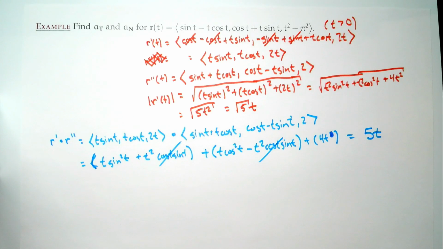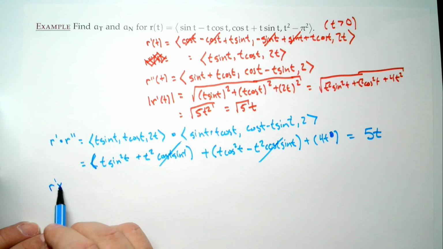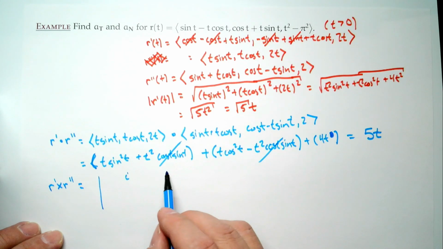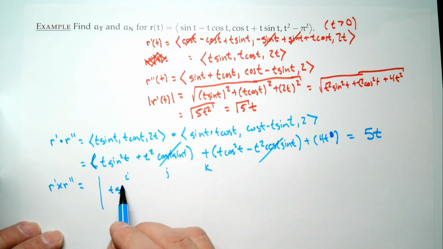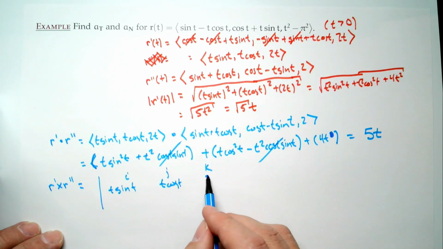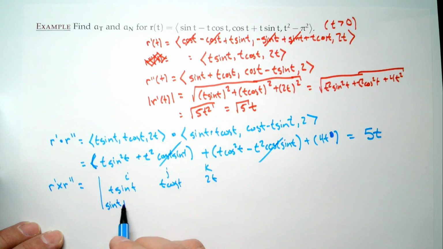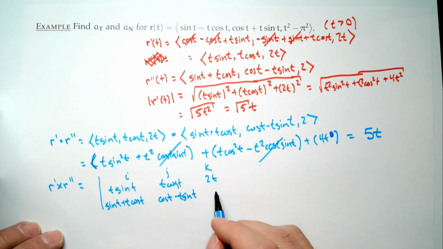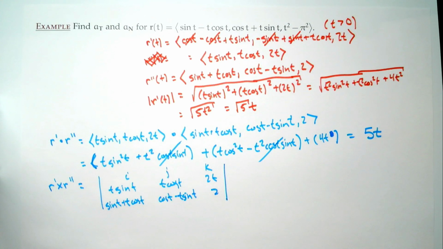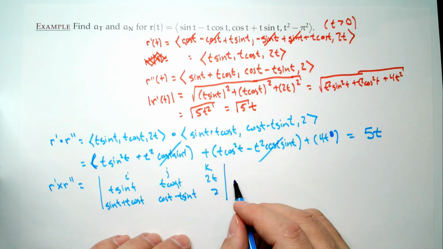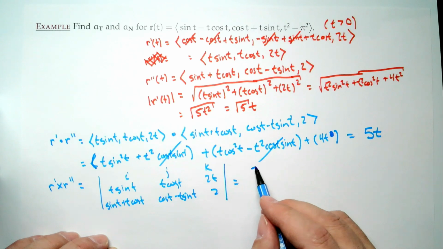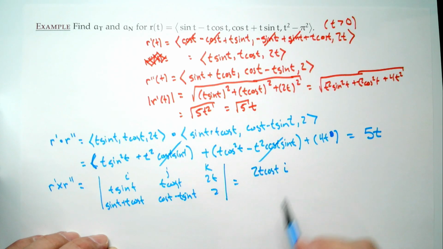Now we need to find the cross product, r prime cross r double prime. We'll do that quickly. I, j, k, then t sine t, t cosine t, 2t, and sine t plus t cosine t, cosine t minus t sine t, 2. So that will be i times t cosine t times 2, so that's 2t cosine t i.